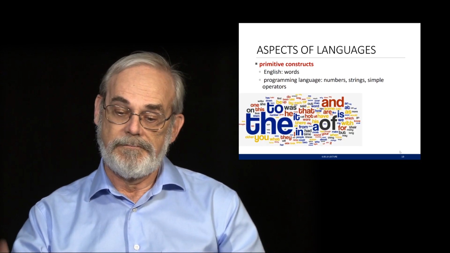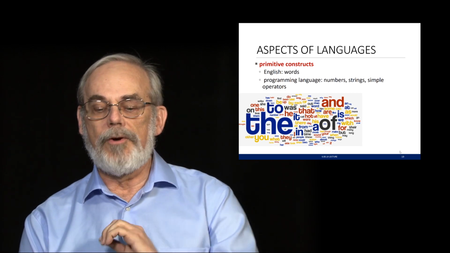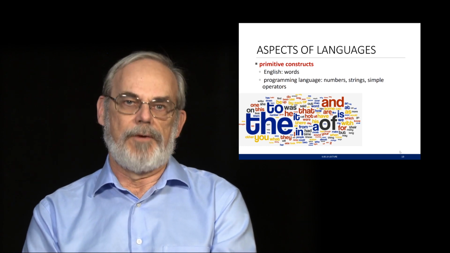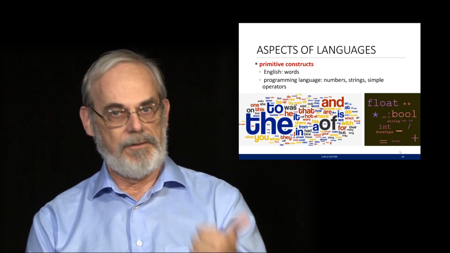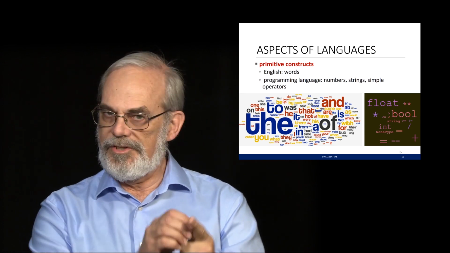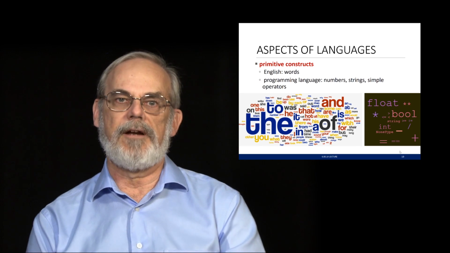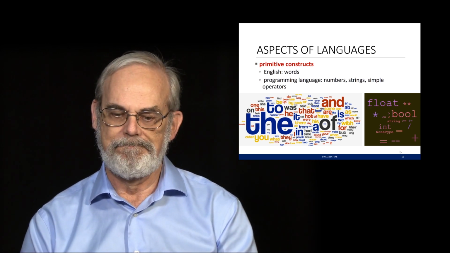They're words, lots of them, some of them more common than others. In a programming language, we also have primitive constructs. These are the atoms on which we're going to build things. And in a programming language, those are typically numbers, strings, or just sequences of characters, and simple operations, the things that were provided to us by the manufacturer: addition, subtraction, comparison.